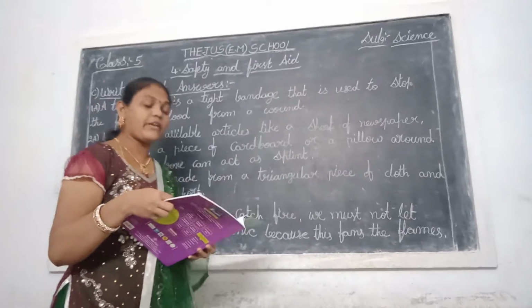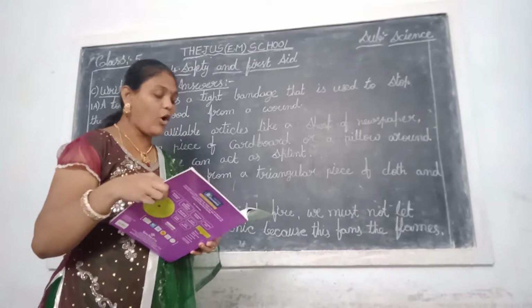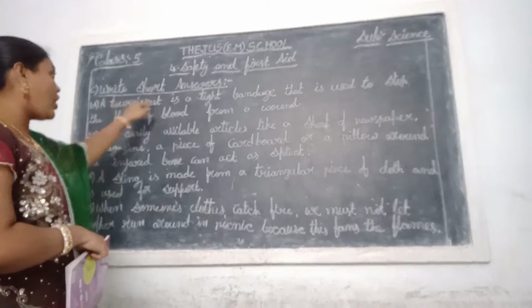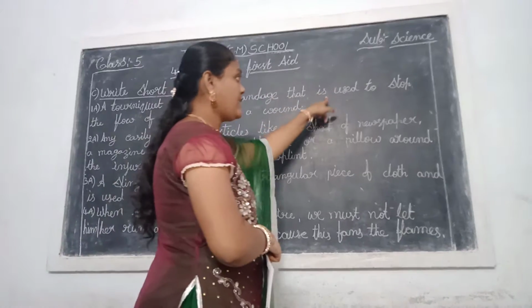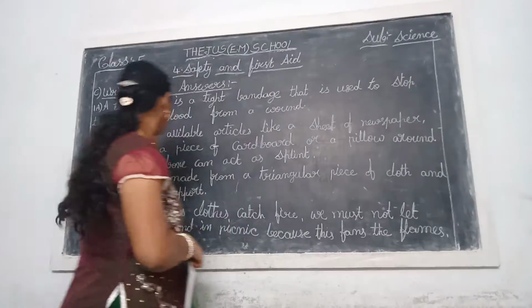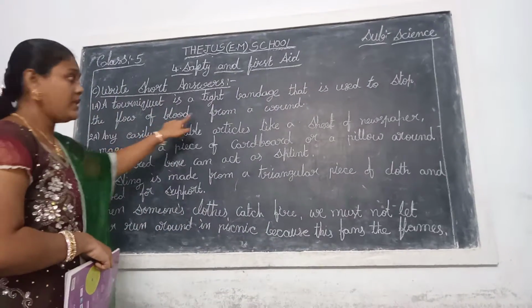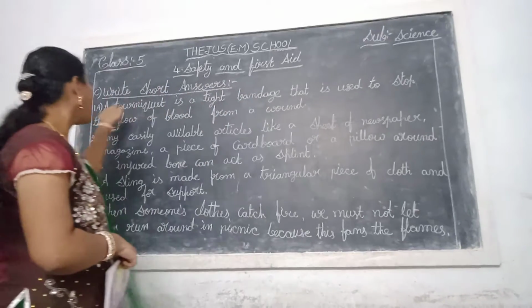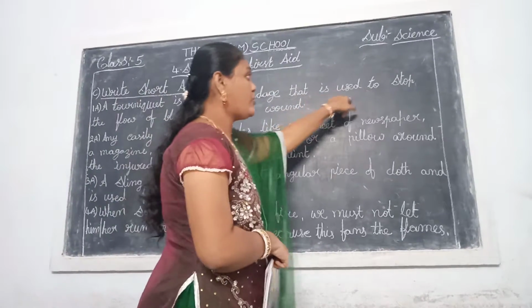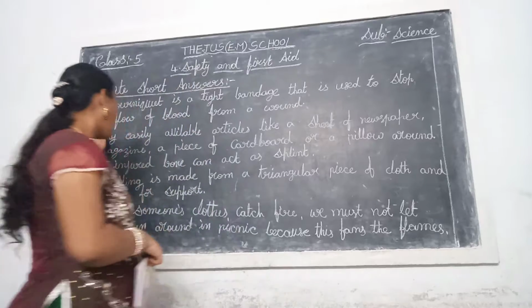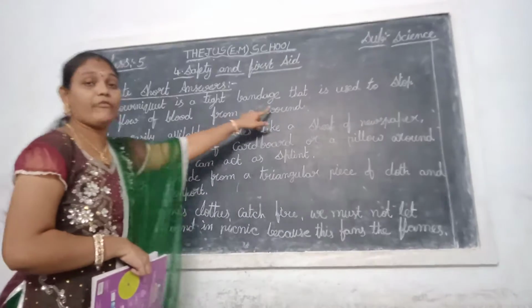What is a tourniquet? A tourniquet is a tight bandage that is used to stop the flow of blood from a wound.